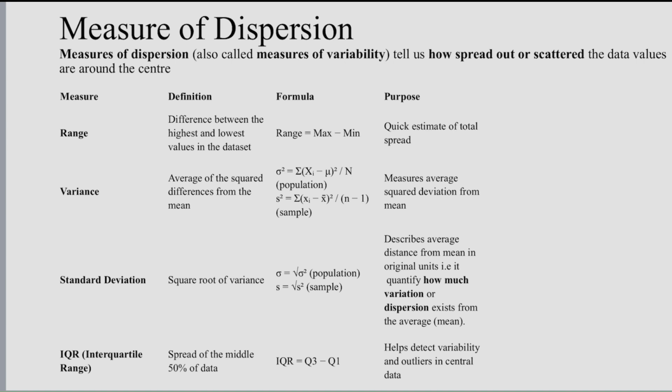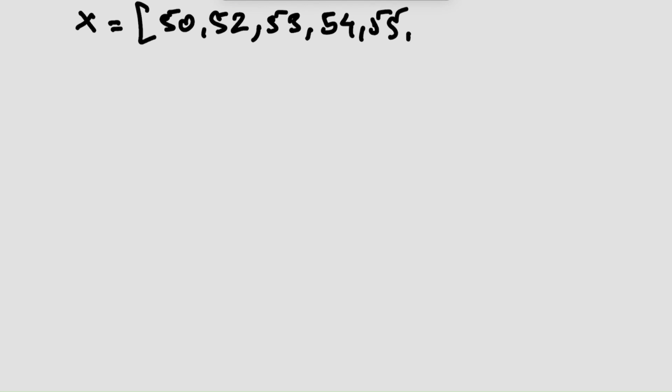So this is just the theory about measures of dispersion. Let's see with an example and calculations. We have a data set that is 50, 52, 53, 55, 56, 58 and 95.